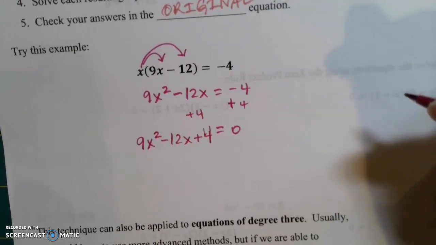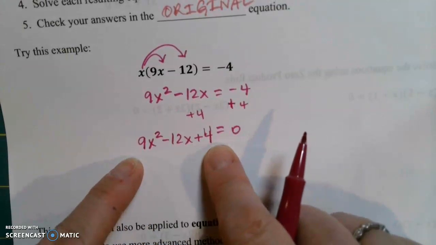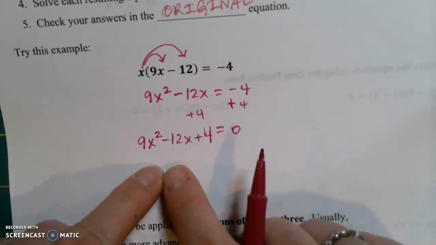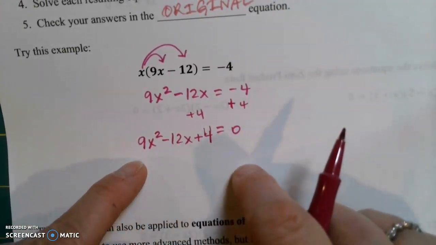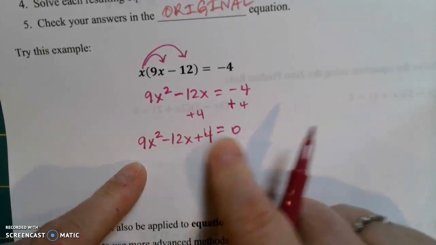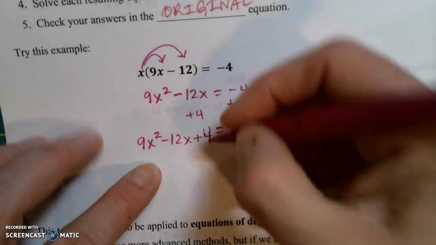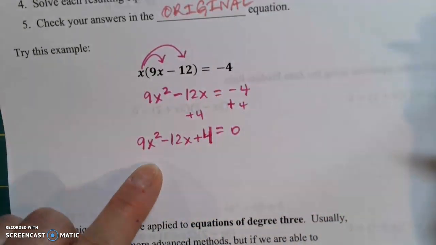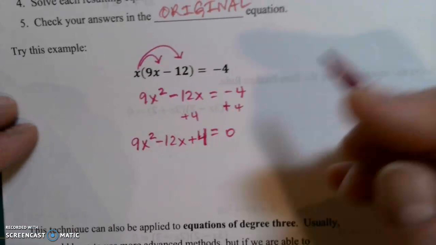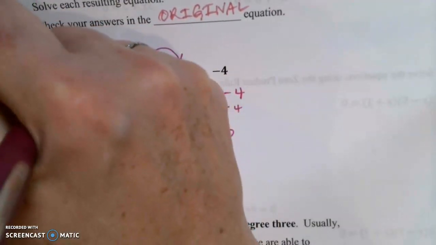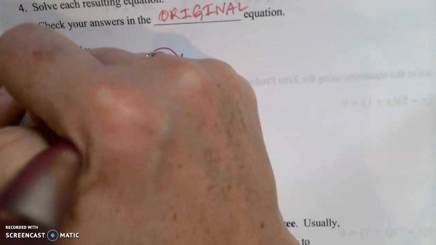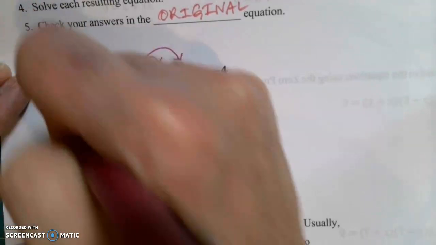The first thing we're going to do, it's in descending order, so that's good. But then we look for a GCF that will work for every single term. And there is not one. So 9, 12, and 4, there is no common factor for all of those. And you can go off to the side and make little factor tables for these if you're not sure and see, is there anything that's on all 3 lists?